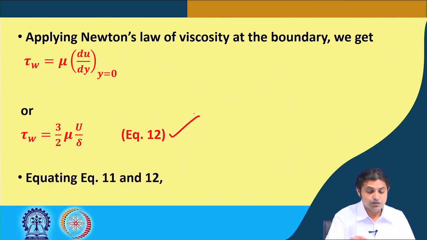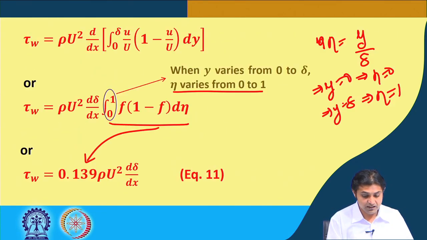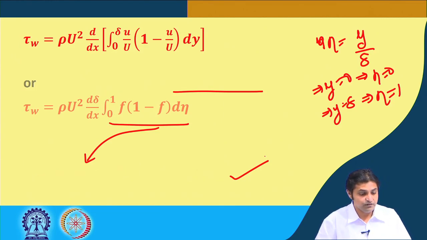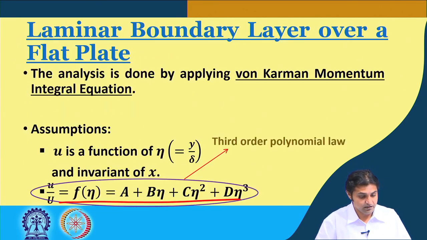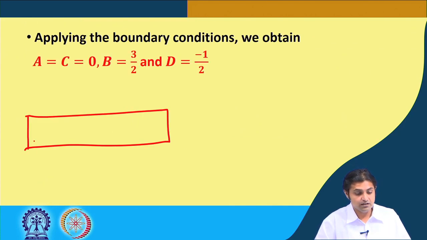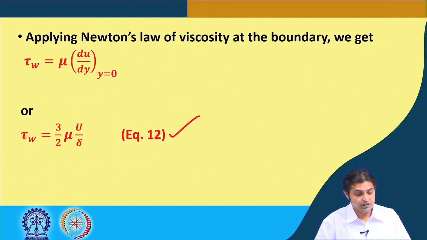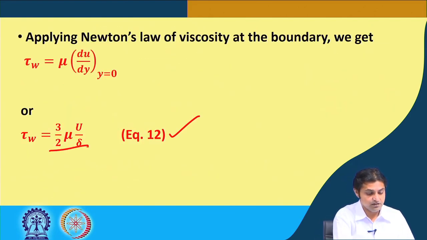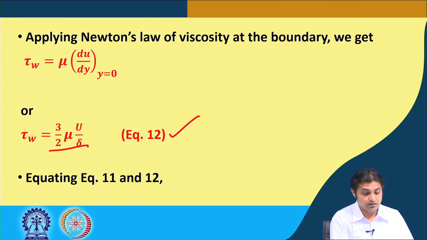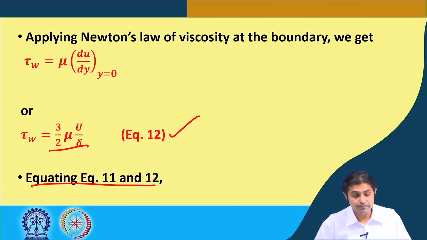One way we have obtained Newton's law of viscosity, and the other equation was equation number 11 here, right, because what we started with was the velocity profile here. U by capital U is equal to a plus b eta plus c eta square, and in differentiating that we got this, and we are going to equate equation 11 and equation 12.